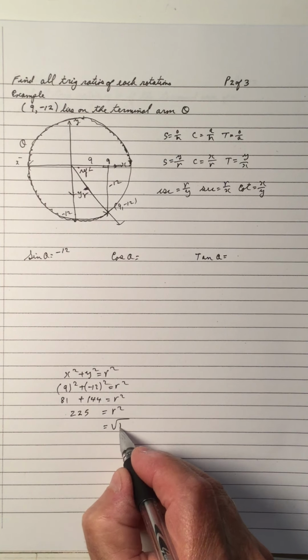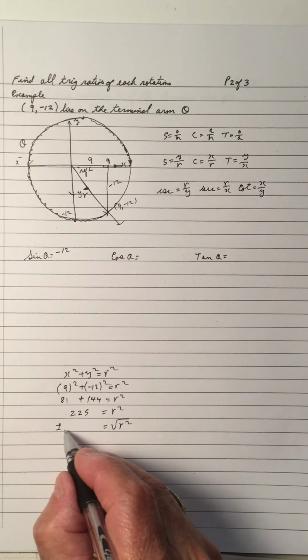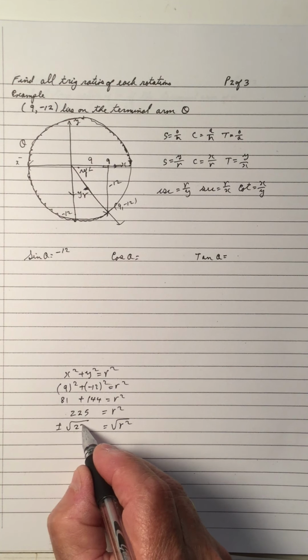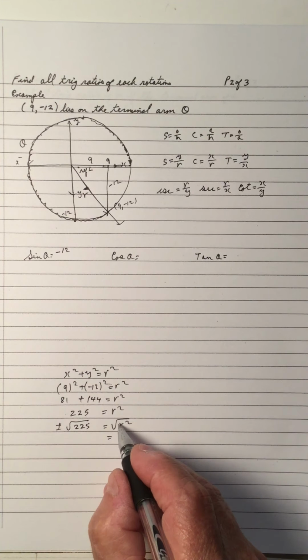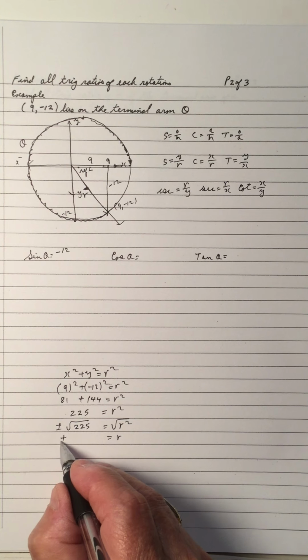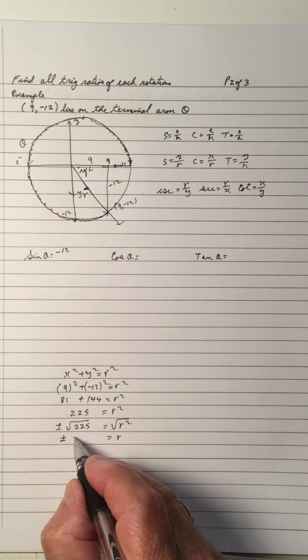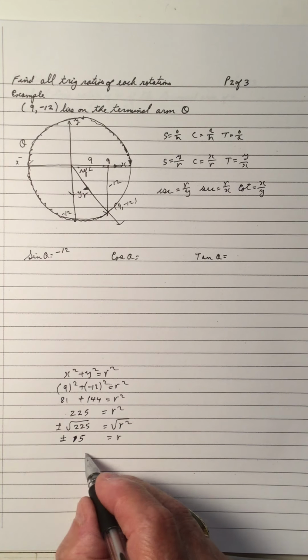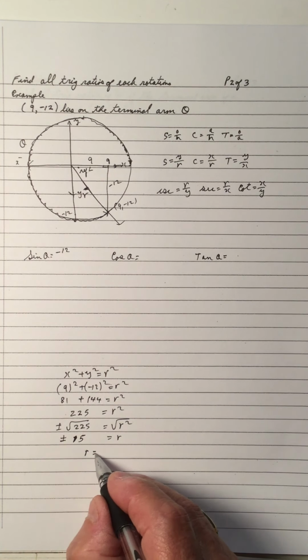So the square root of r squared is plus or minus the square root of 225. The square root of r squared is r. The square root of 225 is 15. And the radius is never negative on a circle, so 15 is the radius. So let's put 15 in.